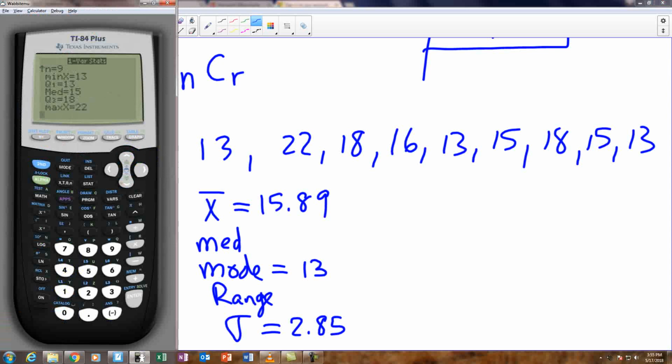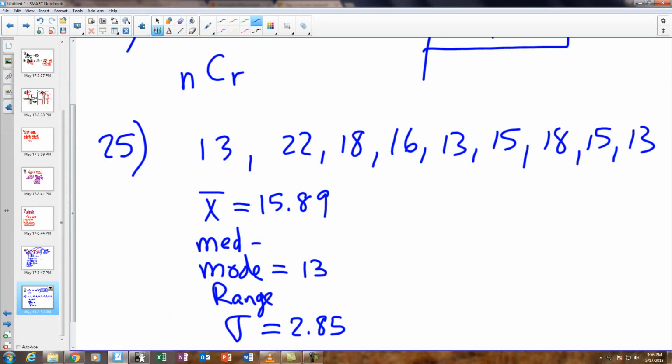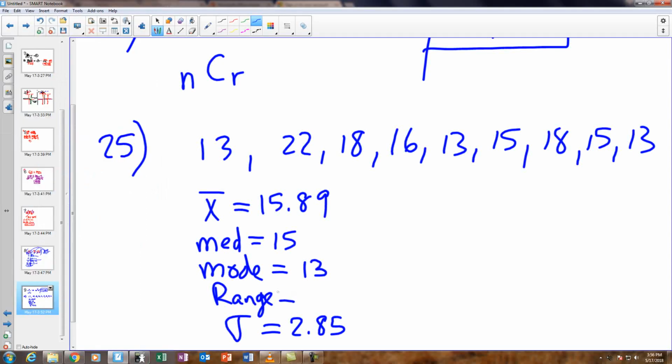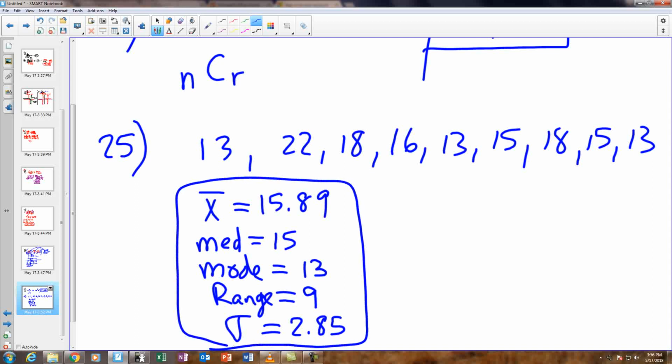The median is listed as 15. And the range is the biggest minus the lowest. Well, the max is 22. The min is 13. 22 minus 13 is 9. So the range here would be 9. And there is all the information you're being asked to find. Mean, median, mode, range, standard deviation.